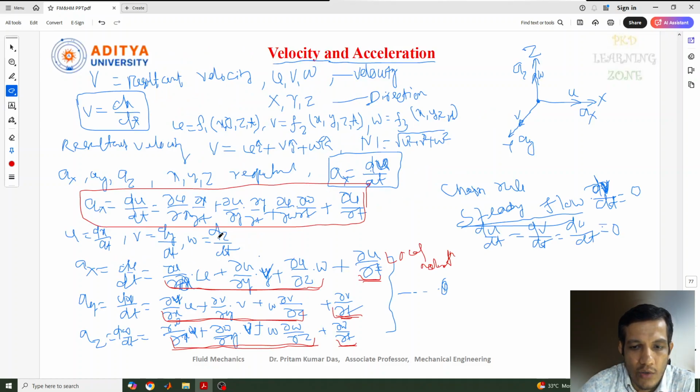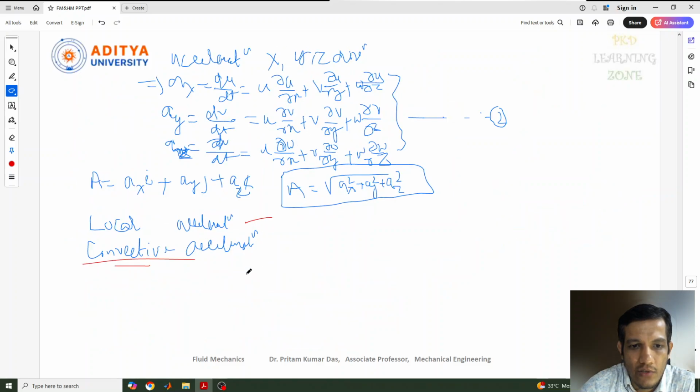Local acceleration can be defined as the rate of increase of velocity with respect to time at a given point of the flow field.